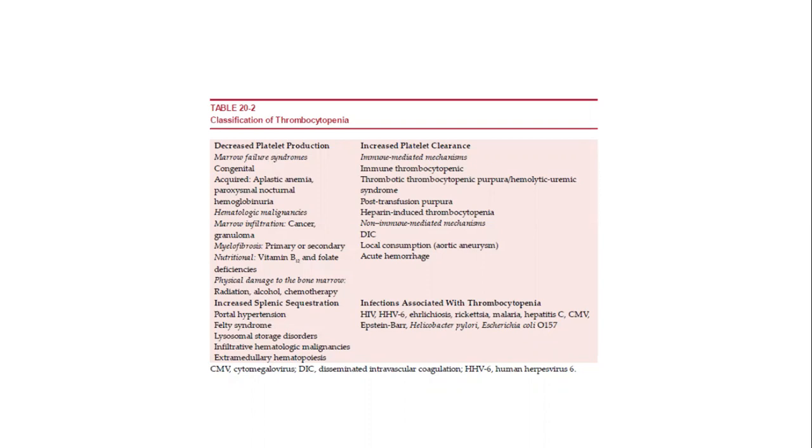Whereas if the same infection like dengue is destroying the platelets outside, will it benefit much from platelets? It won't. Because if you give platelets again, they will be destroyed by the antibodies. Like ITP.